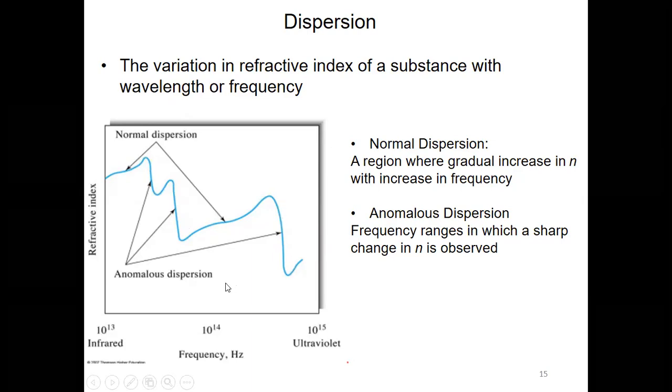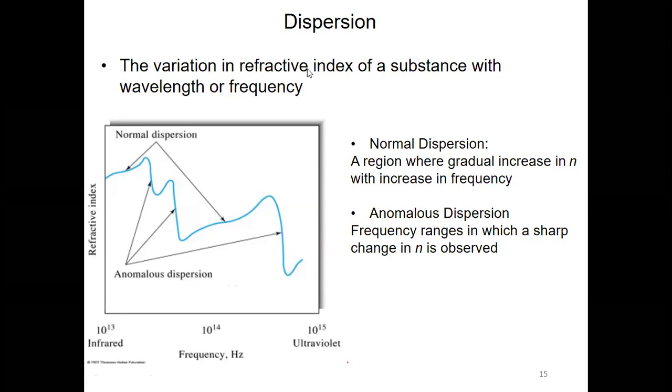If you see a sharp increase or sharp change, then that is also anomalous dispersion. The definition is there should be a sharp change in the refractive index in a very low frequency range, right? Okay, madam, thank you.